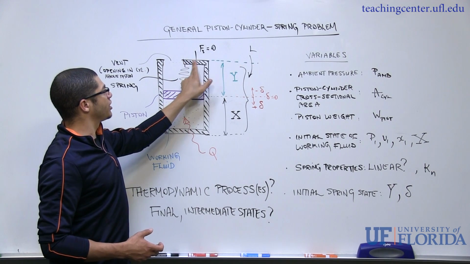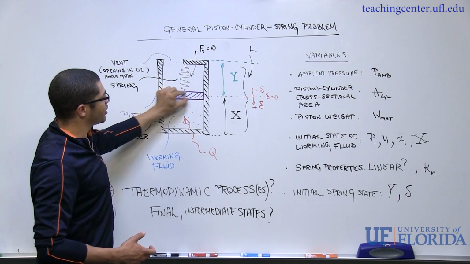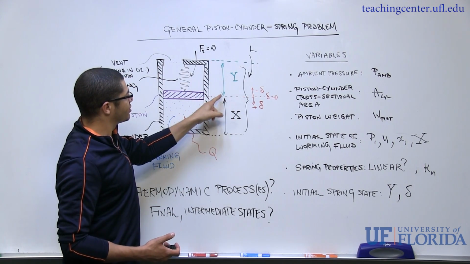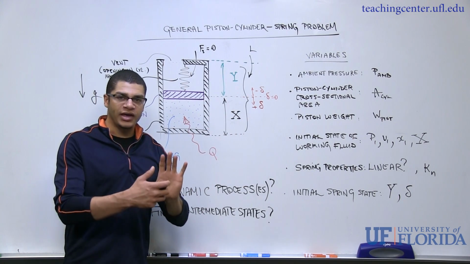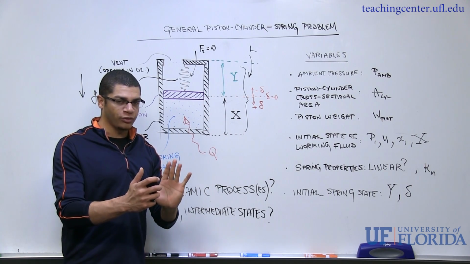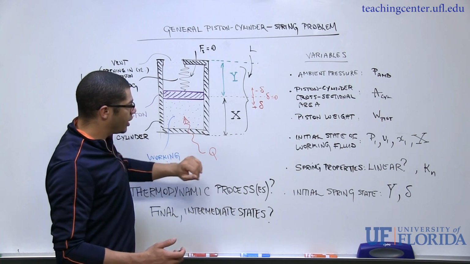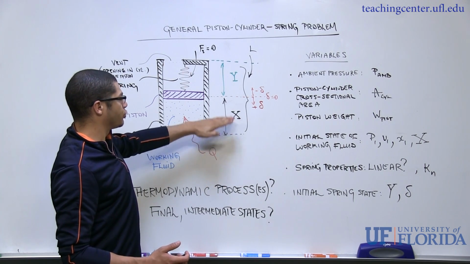Let's imagine that this wall thickness up here and down here, as well as the piston thickness itself, are negligible. So this top distance down to where the piston is, defined as y, will just be the equilibrium distance of the spring. So before it's been compressed or strained in tension. And again, capital X is just measured from the bottom of the cylinder to the piston itself.